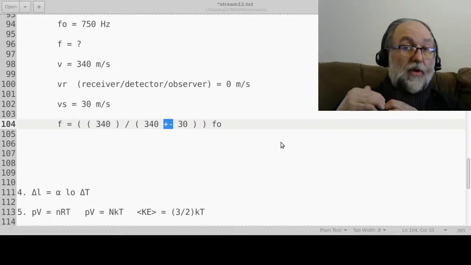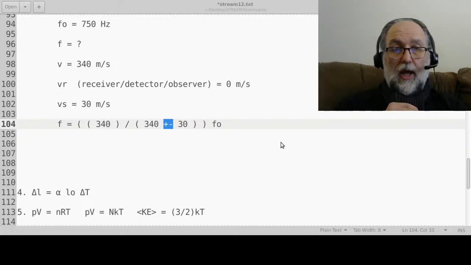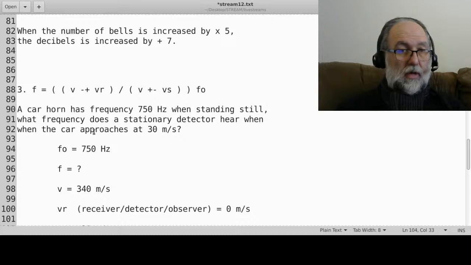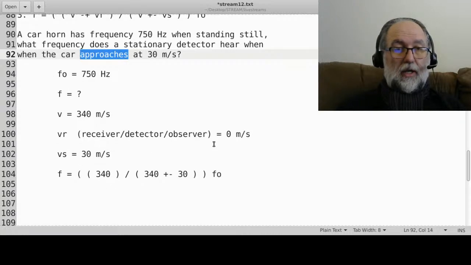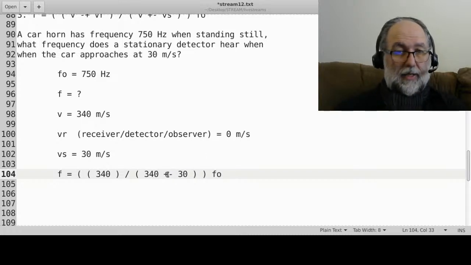The frequency is higher as the car approaches, and it drops when it recedes from you. So I have to choose the sign that gives me the higher frequency. If I do the plus sign in there, you'll actually get a lower number. So you need the minus sign.